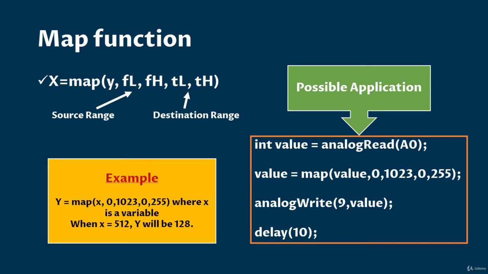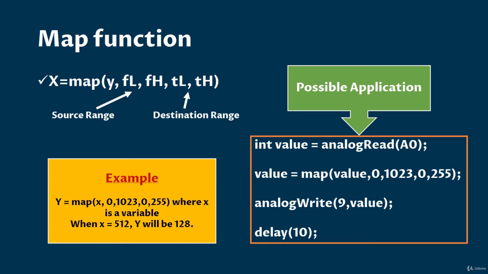Suppose you want to control the brightness of a LED through a potentiometer. You have learned how to read potentiometer values in analog read lesson. You have also learned how to control the brightness of a LED using analog write. So the simple solution can be just copy the value to analog write function what you are reading from analog read function.